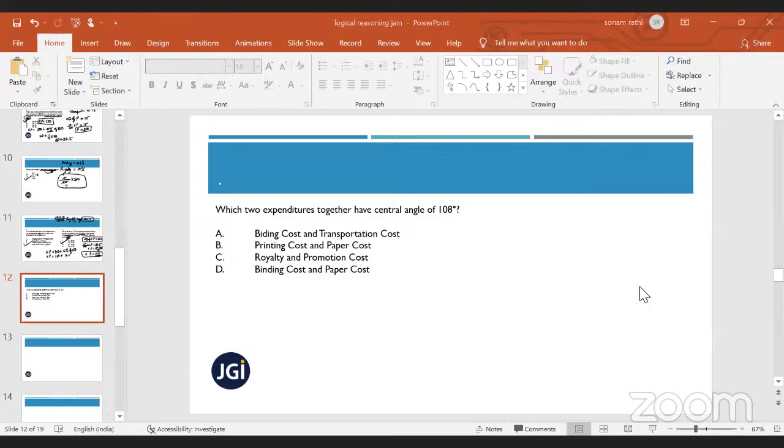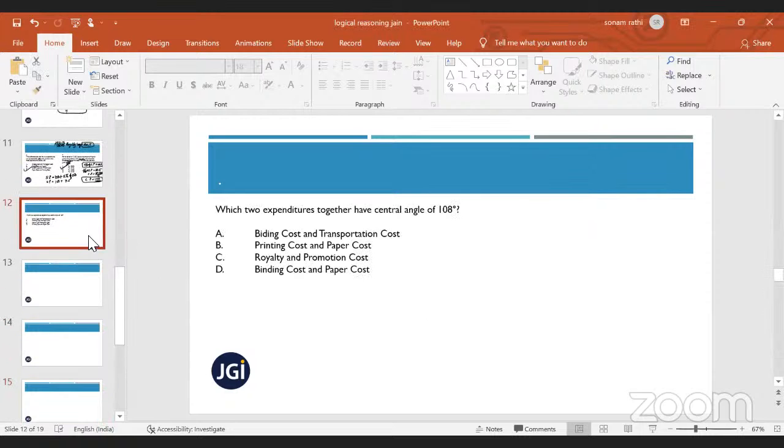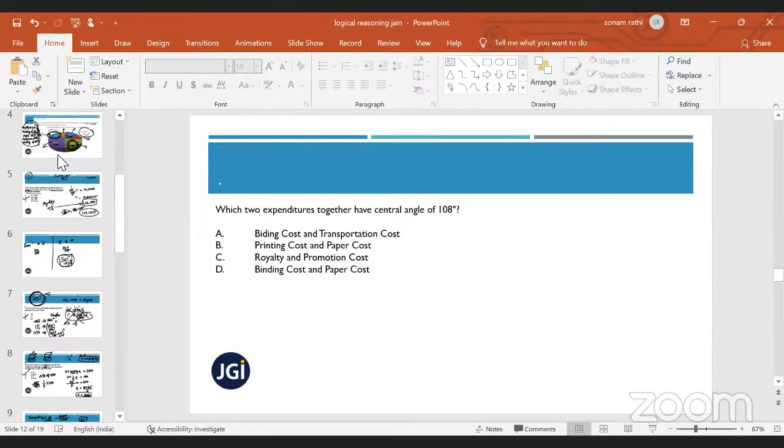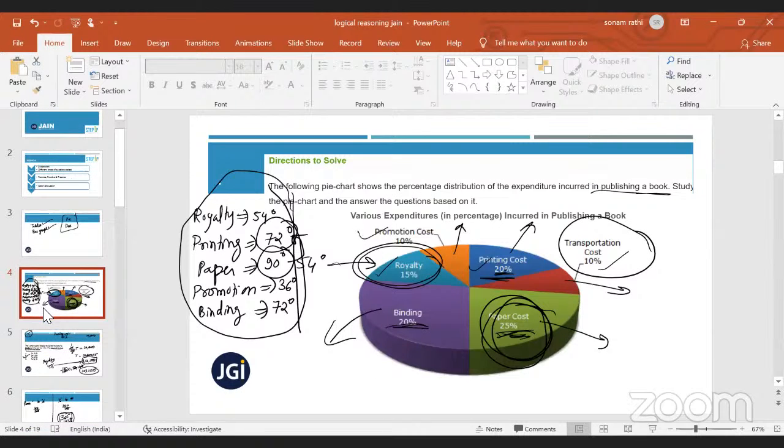Which two expenditures total together have a central angle of 108? We have already calculated the angles, right? How many degrees? Calculate it.